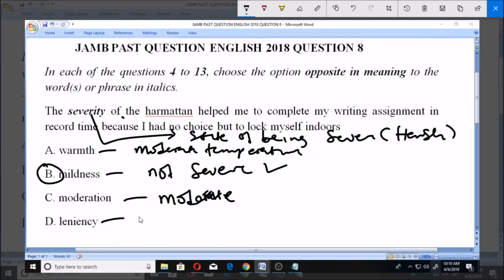Leniency is also something that is not harsh, but in this context of harmattan, you have to pick something that will comfortably fit the contents of the other words around, and that is mildness. And that's why mildness is the right option for this.